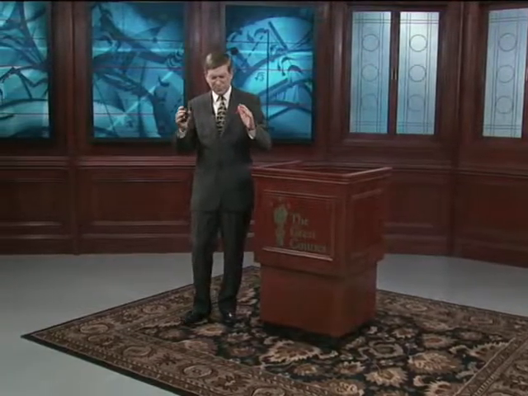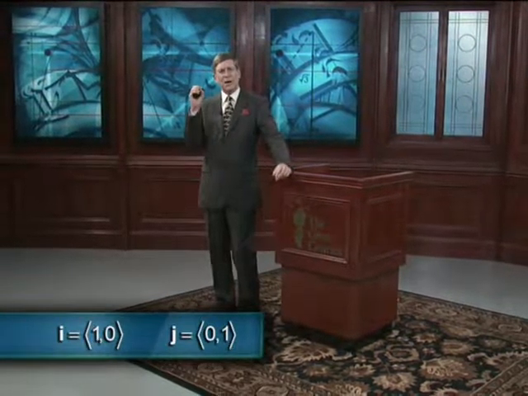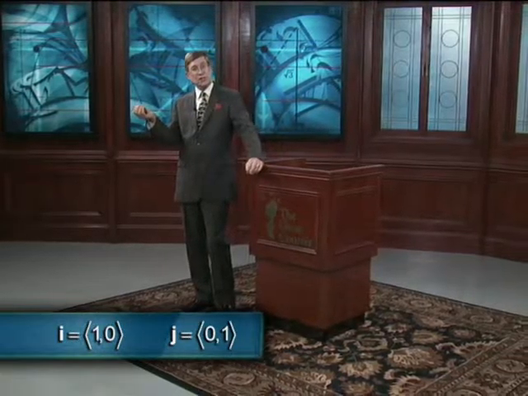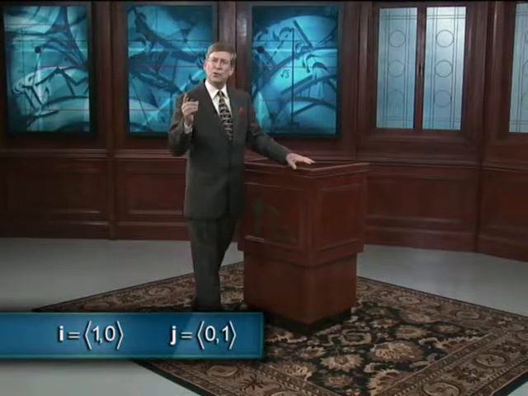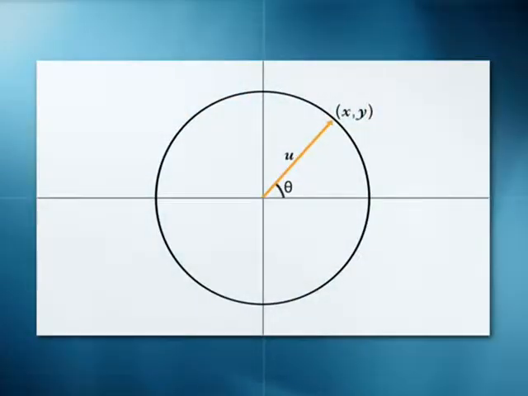Let's go on. Let's use these unit vectors now to talk about how to express an arbitrary vector in a very convenient form. Remember, i is the unit vector 1, 0, j is the unit vector 0, 1. Now I want to express direction. Here's a picture that will help.